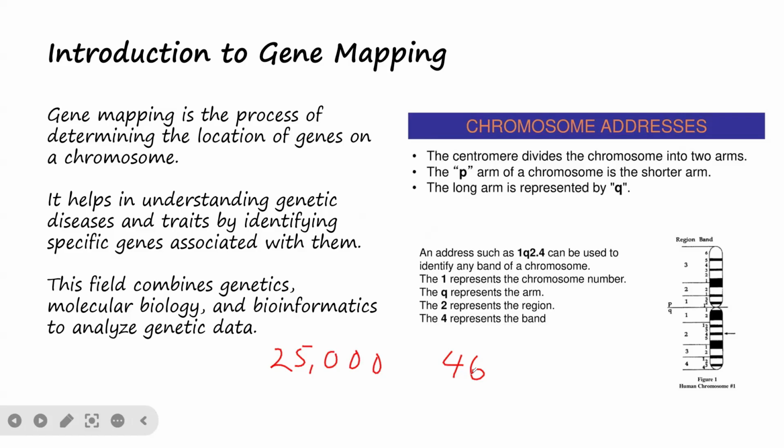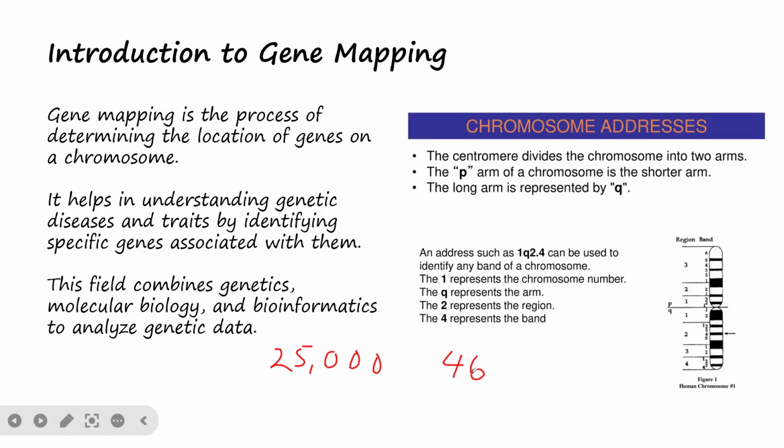In fact, it is the chromosome number and the different arrangement of the DNA sequence that make one organism differ from another. So the process of determining the location of a gene on a chromosome is called gene mapping.